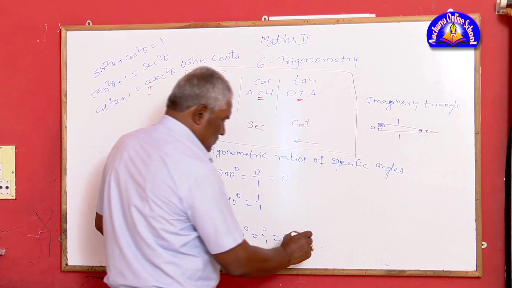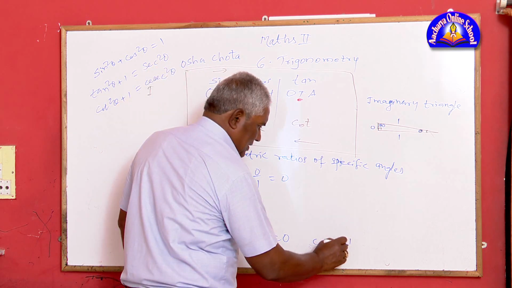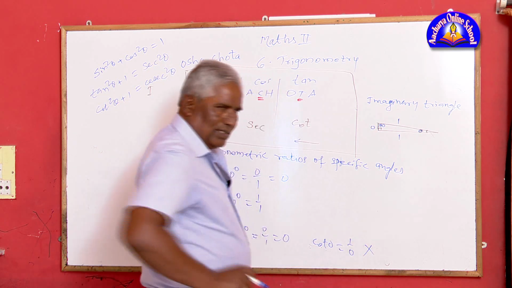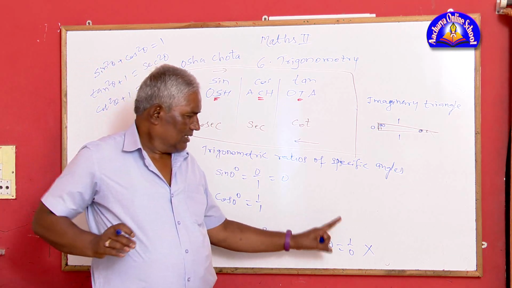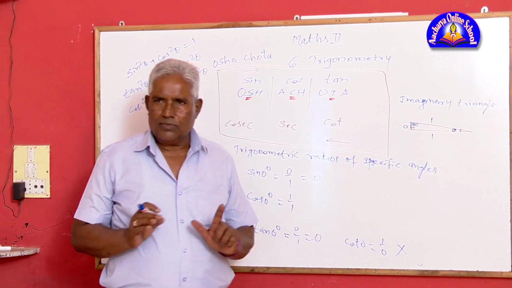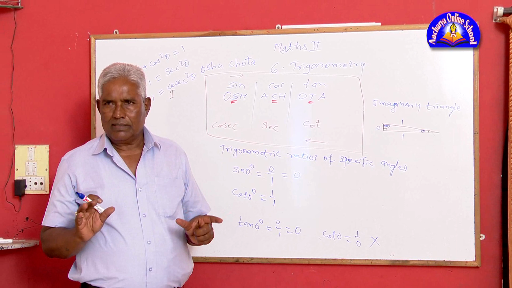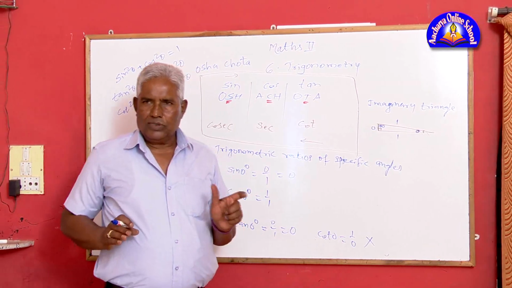Now see these reciprocals. Cot 0 is equal to 1 upon 0. It will be reciprocal, and this number can't be defined because we can divide any number by any number except 0. No number can be divided by 0 because 0 has no table, and if you try to find the answer, it leads to infinity.